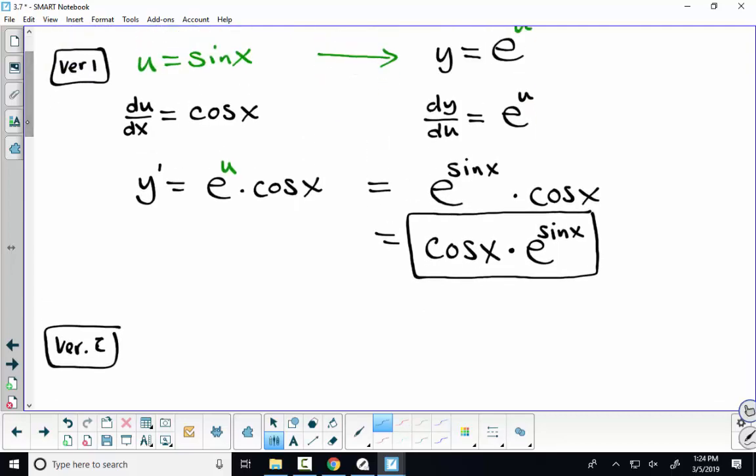So version number 2. The derivative is equal to the derivative of the outer function, leaving the inner function alone, times the derivative of the inner function.